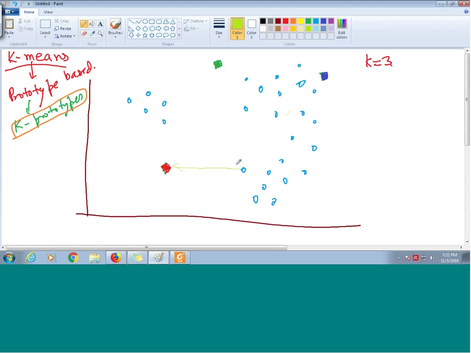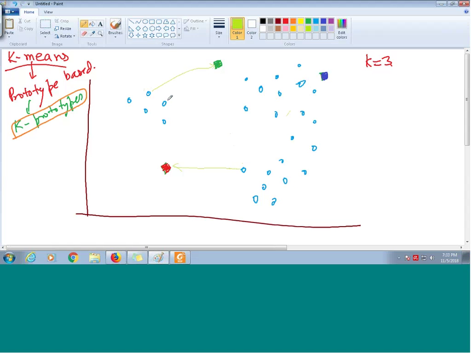Is it clear now? What is the prototype of this item? Can you give me? Green? All right, very easy. Now you are very quick, and I am very happy with that. You told me that this item is assigned to this one.